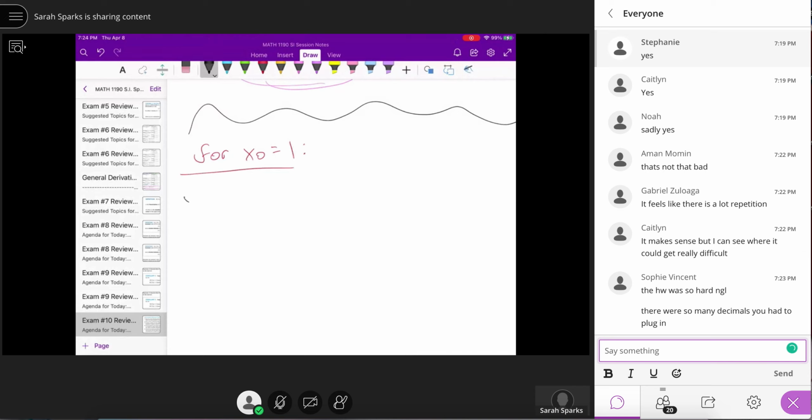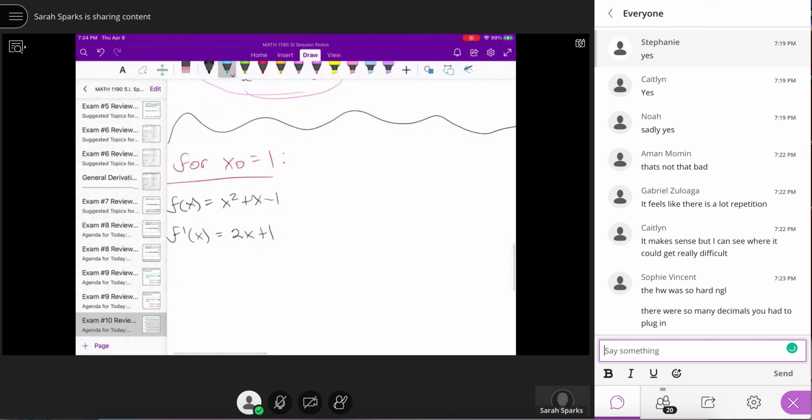So just as a reminder, our f of x is equal to x squared plus x minus 1, and our f prime of x is equal to 2x plus 1. And then our Newton's method equation was x1 is equal to x0 minus f of x0 over f prime of x0.